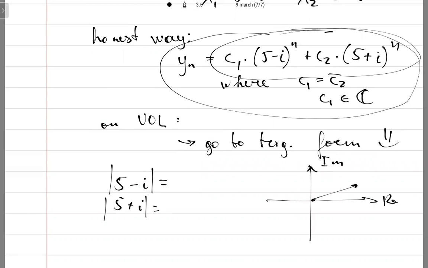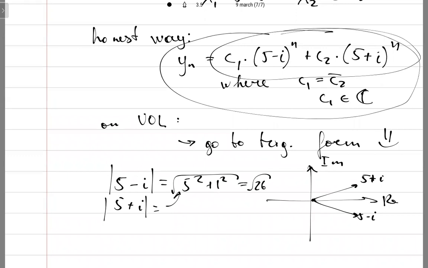This is 5 plus i, this is 5 minus i on the complex plane. What is the length of these vectors? Square root of 26. Yes, it's the square root of 5 squared plus 1 squared, square root of 26.